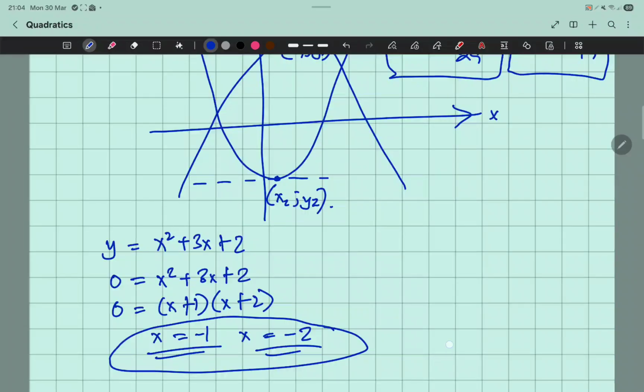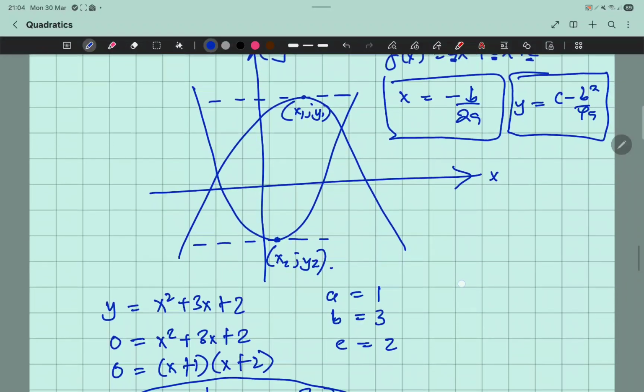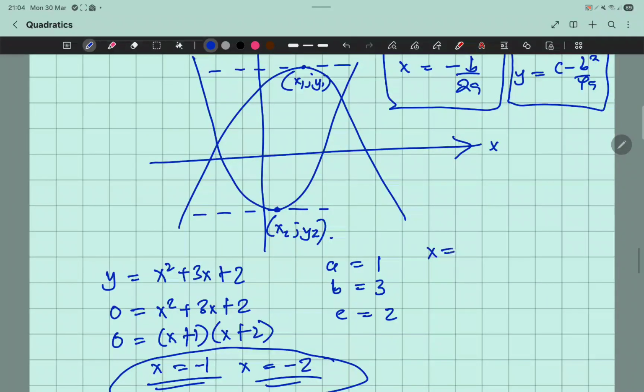Then the turning point would be, so our a equal to 1, our b equal to 3, our c equal to 2. So x is equal to -b, which is -3, over 2a, which is 2 times 1. So it becomes -3 over 2. This is the x coordinate.